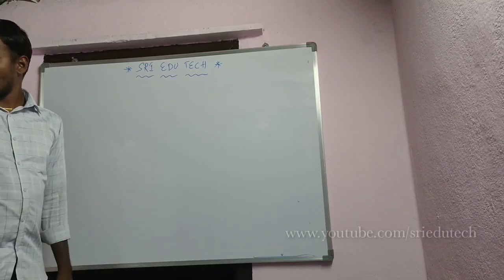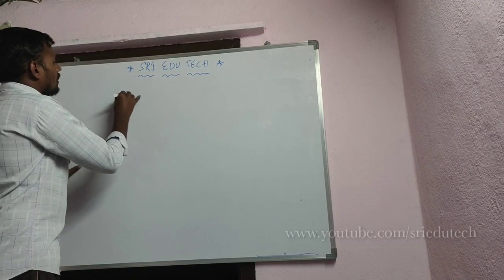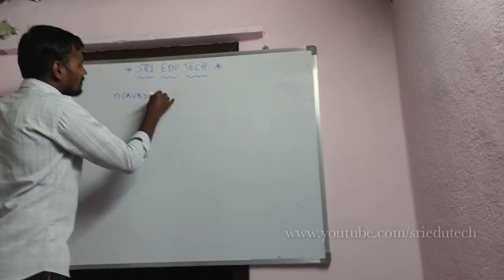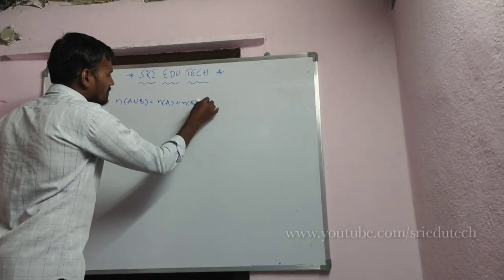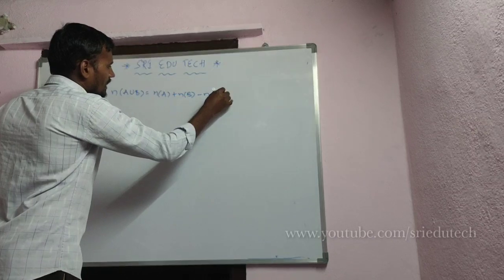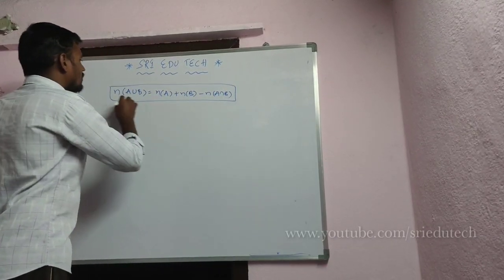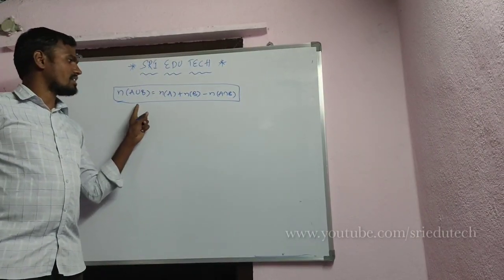Next one, important. See, N of A union B is equal to N of A plus N of B minus N of A intersection B. This is one formula. So take an example and prove it.